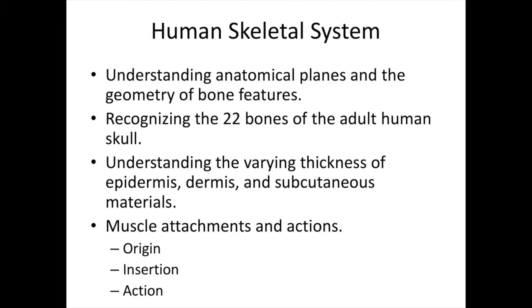And so when we look at facial reconstructions, there's a pretty standardized overall thickness that incorporates epidermis, dermis, and this subcutaneous material. When we're talking about adult humans, when we combine all three of these areas, we're talking about a general thickness of between 1.5 and 2.5 millimeters.